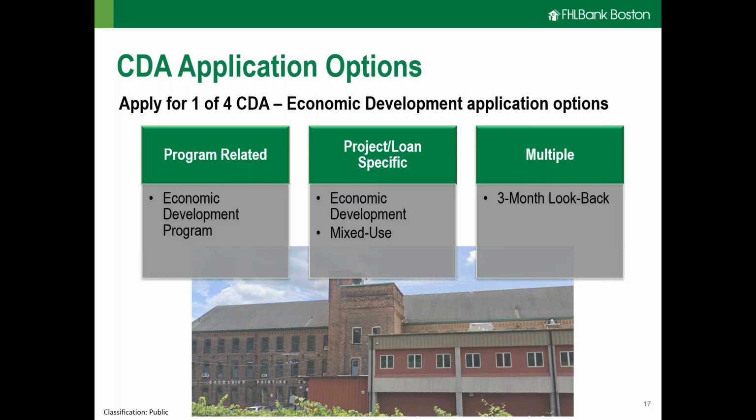Applications can be submitted to support programmatic activity, for example, a small business lending program, or it can be to support a specific customer or loan where the business is in either an urban or rural area and the census tract is income eligible or the beneficiary is income eligible.